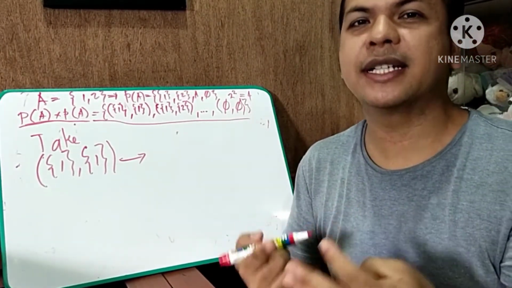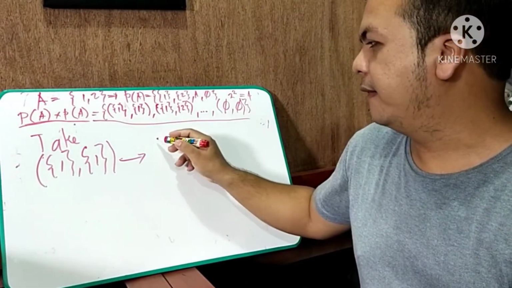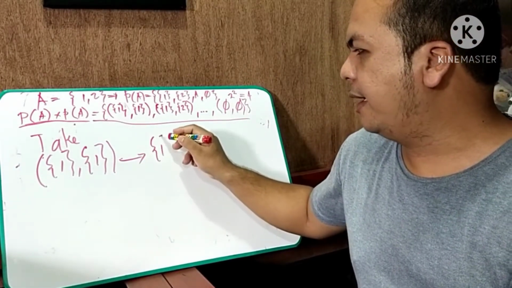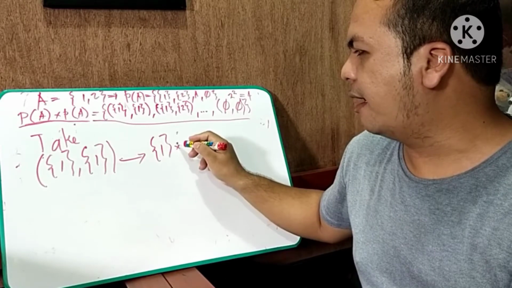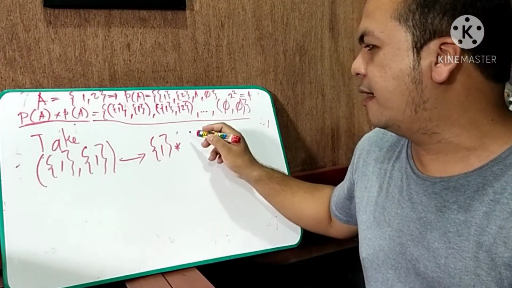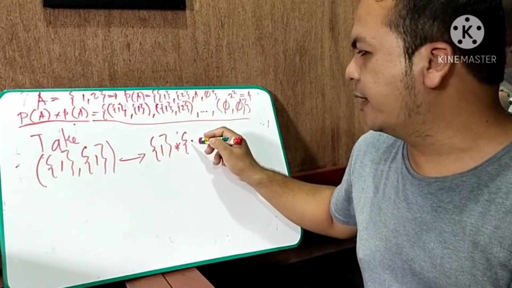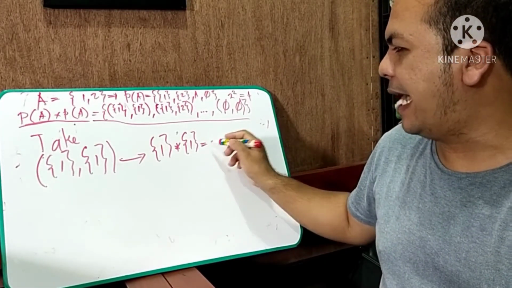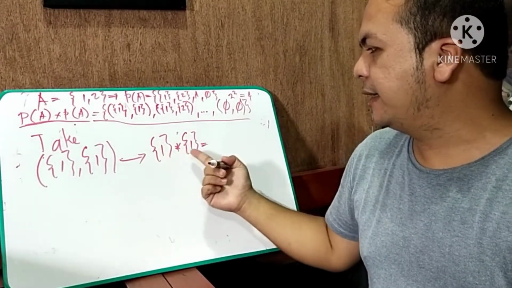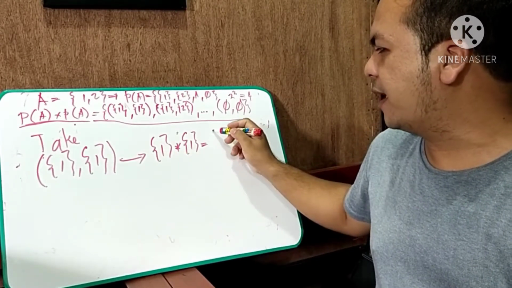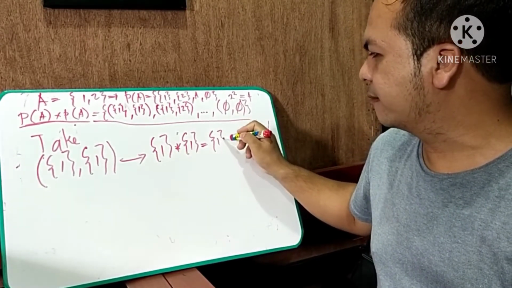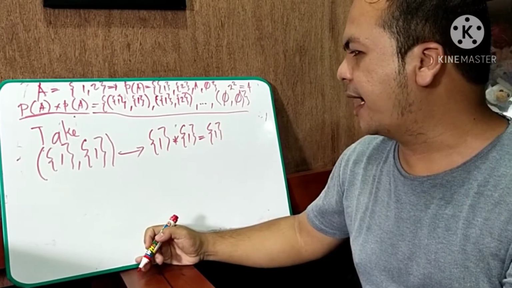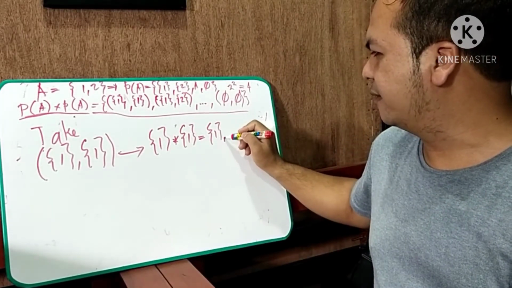So, we have the set containing 1 star the set containing 1. Okay? And we know the fact that ang star nito is actually their intersection.